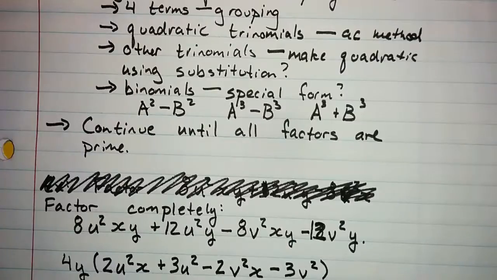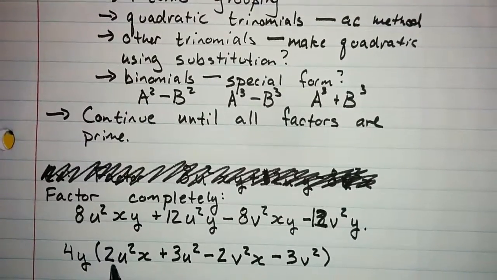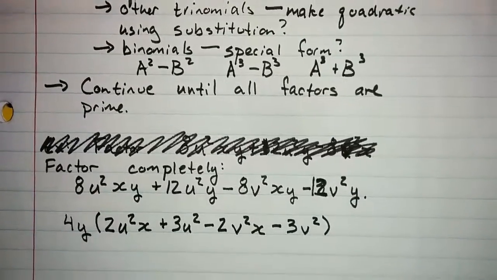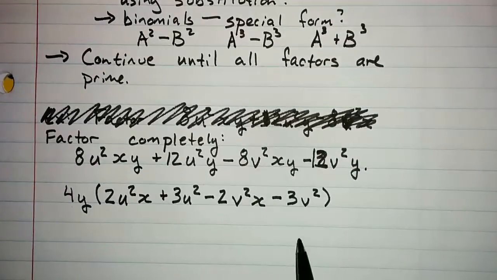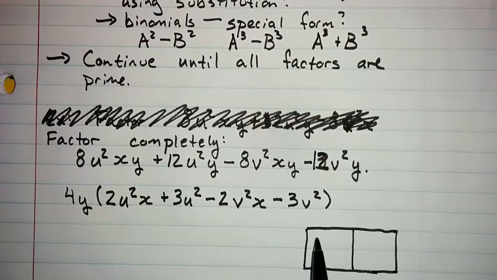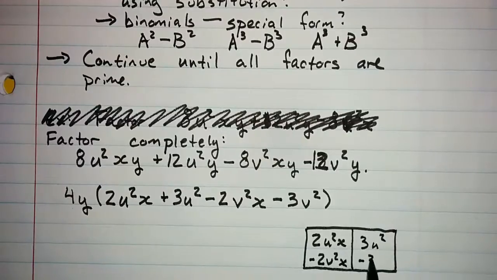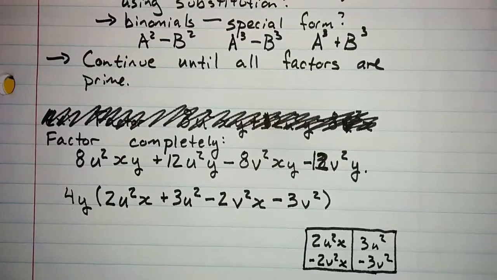squared. All right, now I have a polynomial with 1, 2, 3, 4 terms. I want to factor that by grouping. What do I have? I'll have 2u squared x, 3u squared, minus 2v squared x, minus 3v squared.